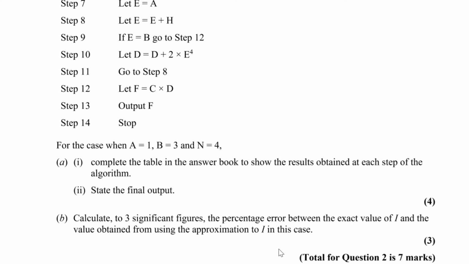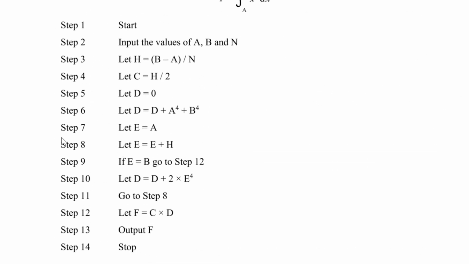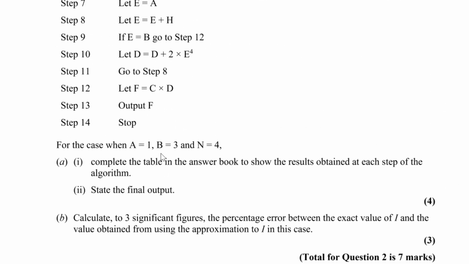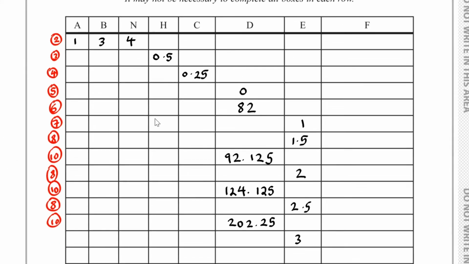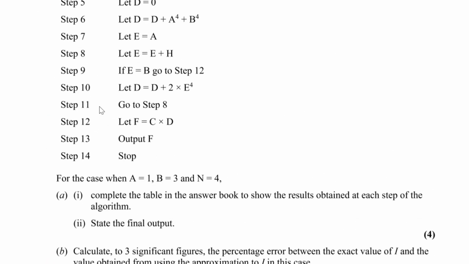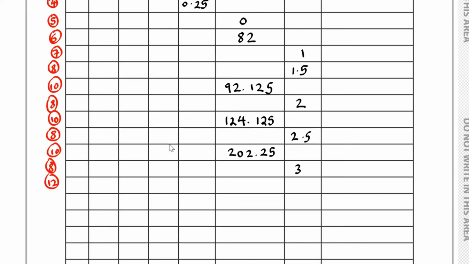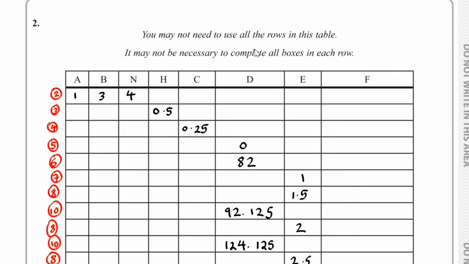So what we had here then was step 8. And then we move on to step 12. And for step 12, we let f equal c times d. So for step 12, let f equal c times d.